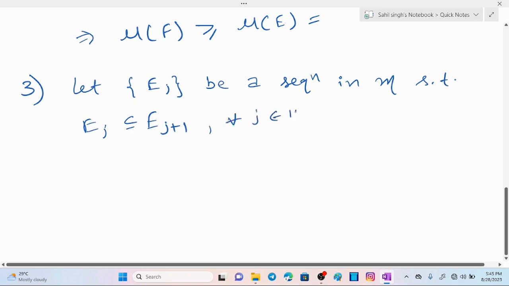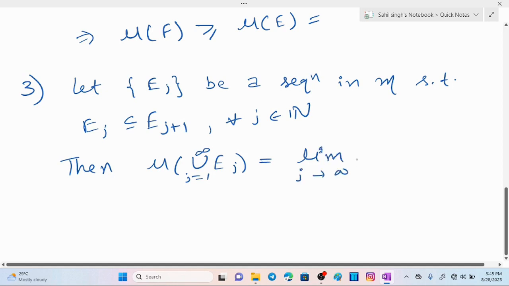Then μ of the union of all these Ej, j running from 1 to infinity, will be equal to the limit as j tends to infinity of μ(Ej). Actually this property looks obvious, because the union will just be contained in the Ej for infinite j. So this will be equal to this one, but now we will prove it logically.